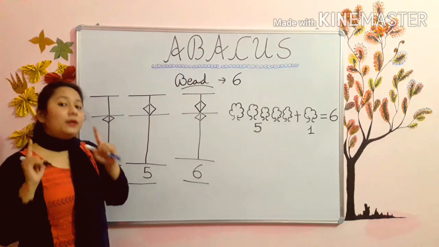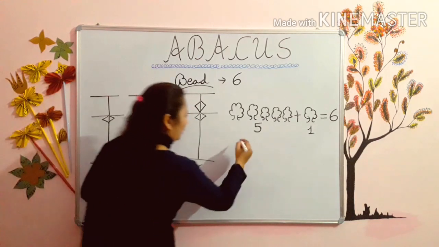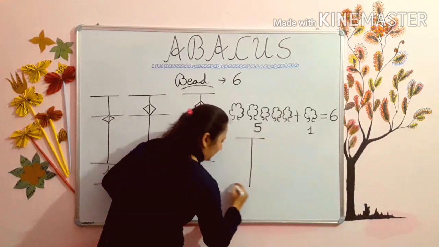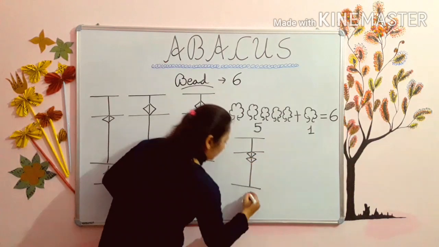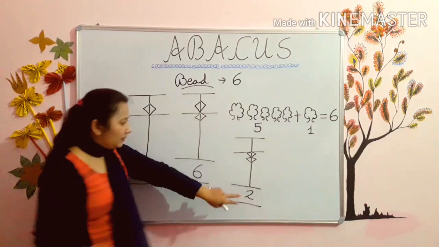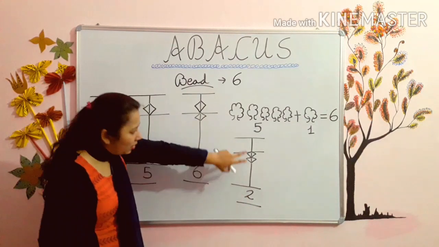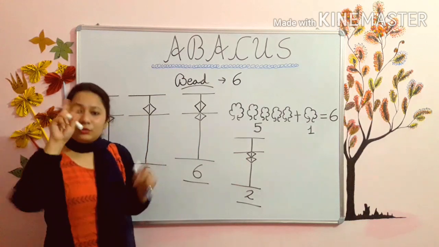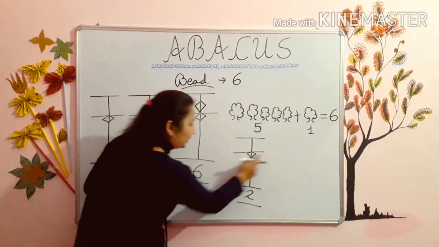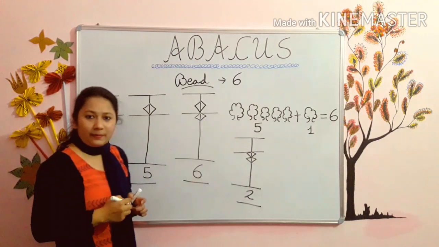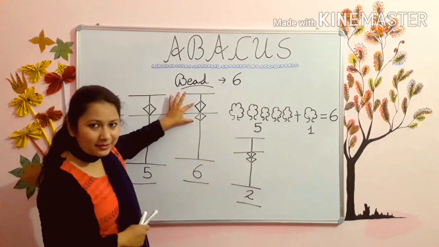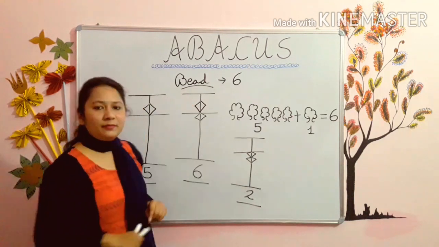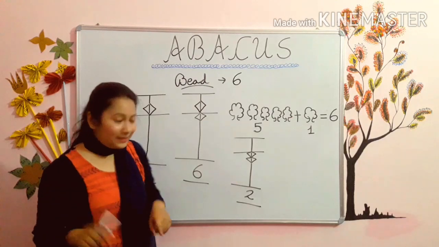Now don't count it as 2. See, 1, 2. In beat 2, all the beads are below the line. See, here is also 2 beads. Here is also 2 beads. So don't get confused, kids.